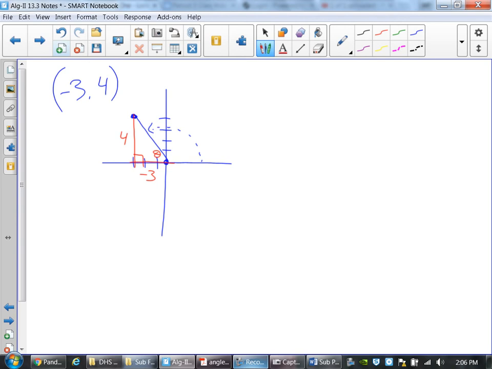My hypotenuse. What's my hypotenuse? This is 5. It's a 3, 4, 5 triple. So now, if you place a theta in here as your reference, and you know your adjacents and your hypotenuse, you can relate cosine, sine, and tangent in relation to x, y, and r for our radius.